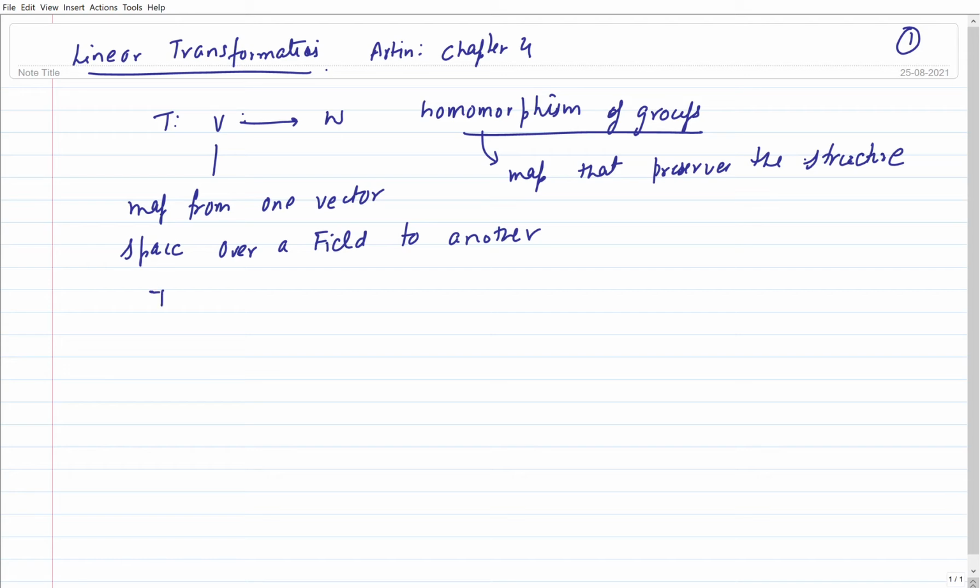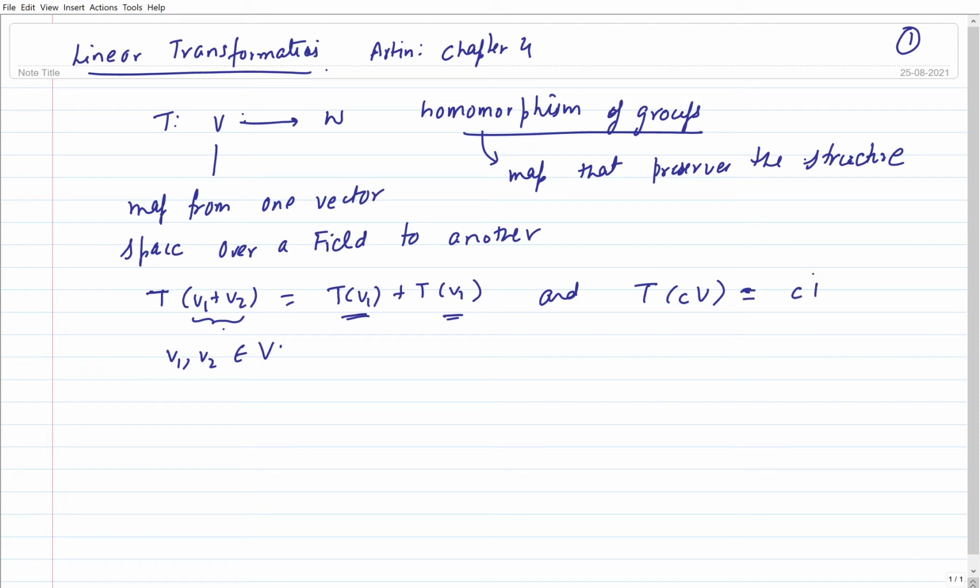So why do we say it preserves structure? Essentially, whether you apply a map on adding the vectors in V, so v1 and v2 are in V, or you apply the map individually and add them, and similarly, scalar multiplication is compatible.